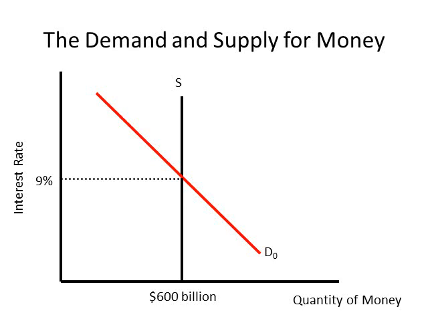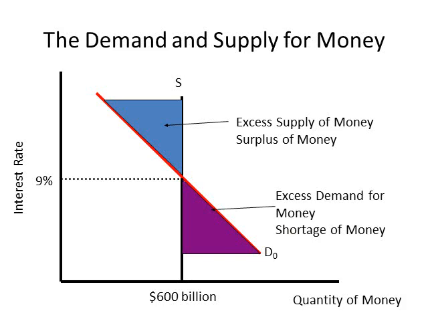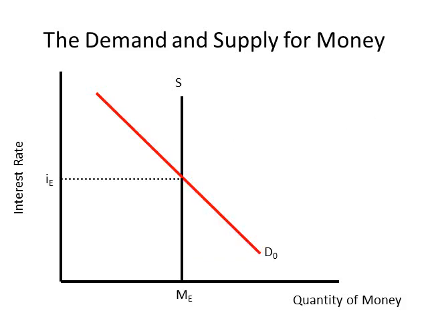At any interest rate above the equilibrium interest rate of 9%, there will exist a surplus of money in the economy. At any interest rate below the equilibrium point of 9%, there will exist a shortage of money in the economy. Let's look at surpluses and shortages the way the economist likes to look at this.